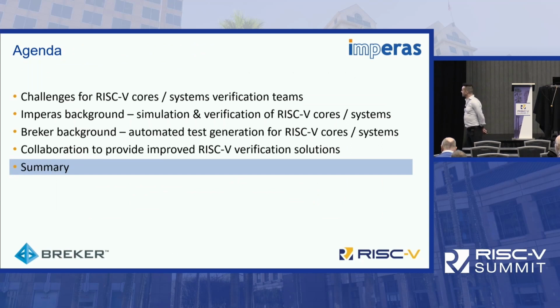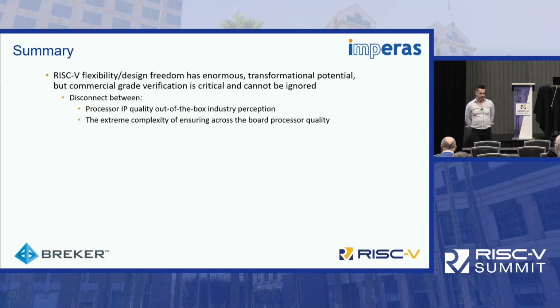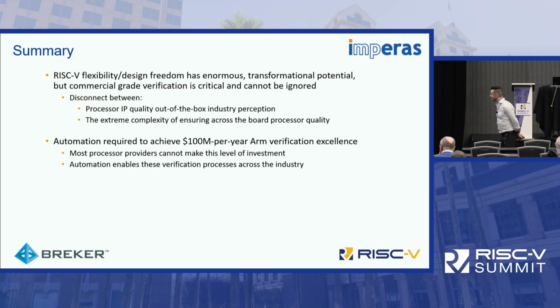So to summarize, just like Lee said, with the freedom comes responsibility. And we're talking about responsibility in terms of millions, hundreds of millions, perhaps, of dollars spent in verification by the big companies like ARM or Intel.